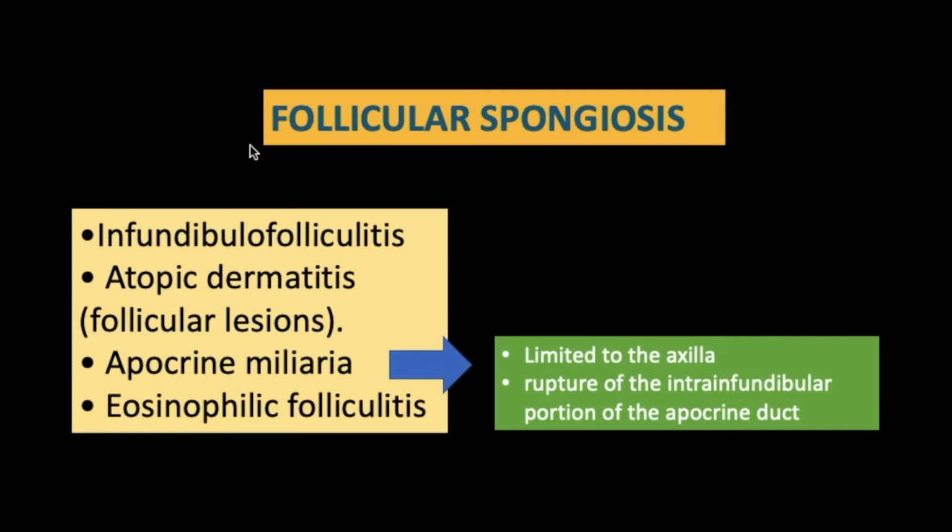Follicular spongiosis contains four groups: infundibular folliculitis, as we saw in the previous example; atopic dermatitis, if it affects the follicular unit; eccrine miliaria, which is usually limited to the axilla and usually presents with rupture of the infundibular follicular portion of the eccrine duct; and we also have follicular or eosinophilic folliculitis. Basically, the main cell type is eosinophils, and I will show you an example of this specific entity when we do the slide session.